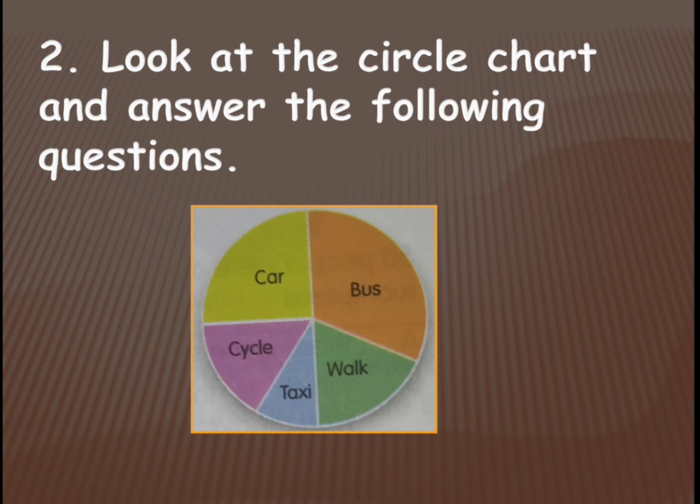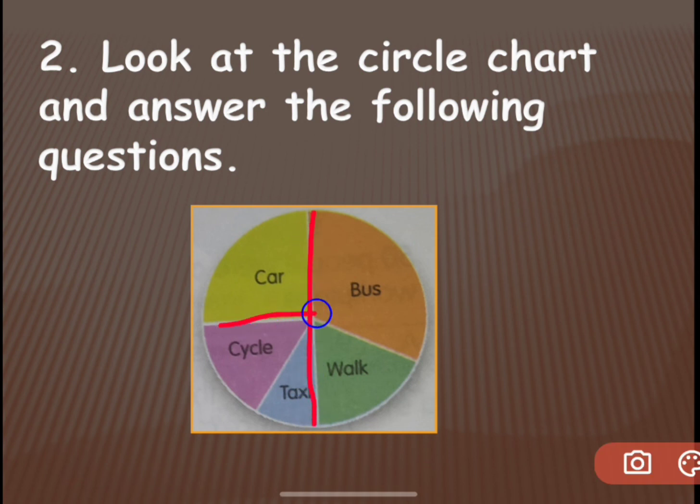Next, which two modes of transport put together make one fourth? Here, children, if you see, this is your one fourth. So what do you have in this? Cycling and taxi. Both put together will make one fourth. One fourth is car. More than one fourth is bus.